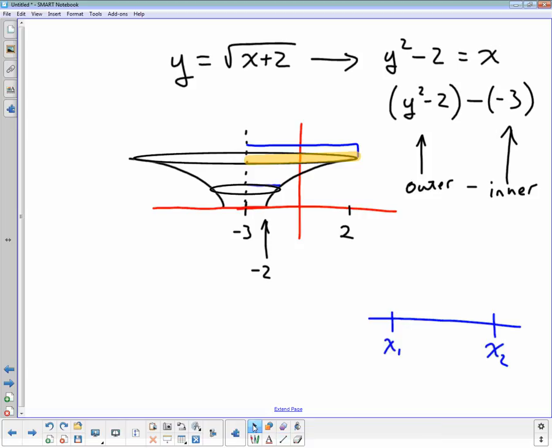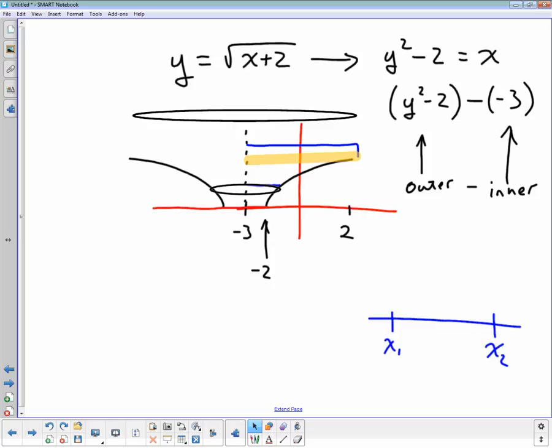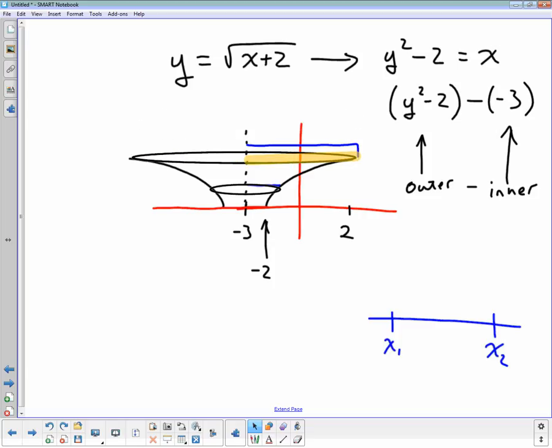If you think about this disk, that guy's radius, if at 2, the radius would be 5. Right? And at -2, it would be 1.